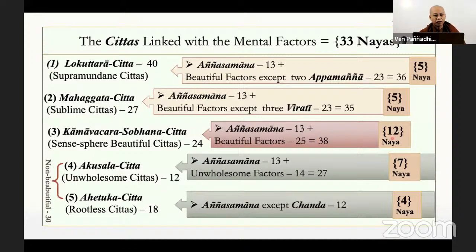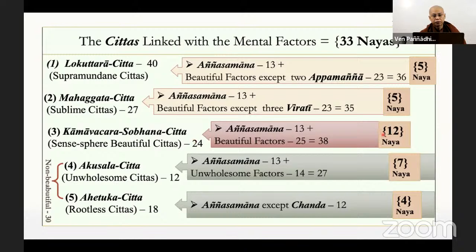So here in Kamavacara Sobhana, there are 12 nayas, because we divided into two together. Asankharika and Sasankharika come together again. Nana sampayutta and nana vippayutta are different, but in this case Asankharika and Sasankharika make no difference. That is why only 12. If Asankharika and Sasankharika were different, it would be 24, the same as the number of the consciousness.